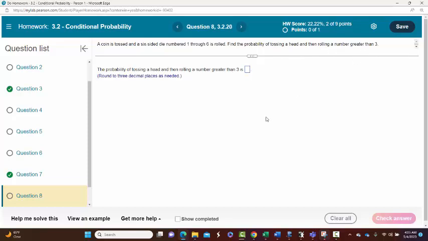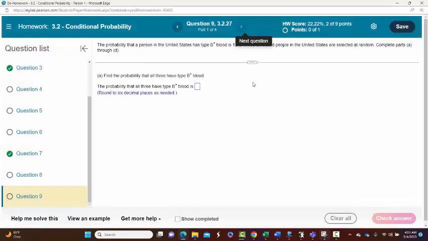That shouldn't be too bad. I have complete confidence in you, but obviously you can click the help me solve this first, and there's also a button that says ask my instructor. But sometimes help me solve this will clue you in enough.